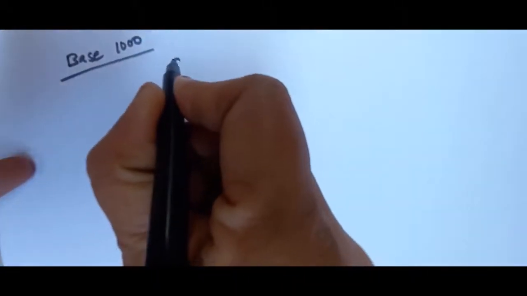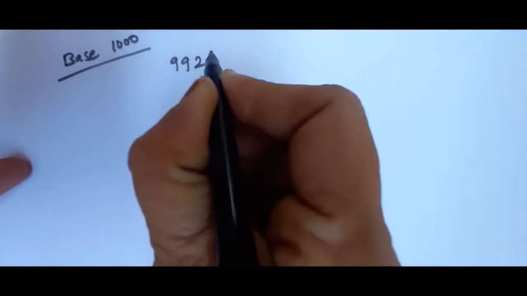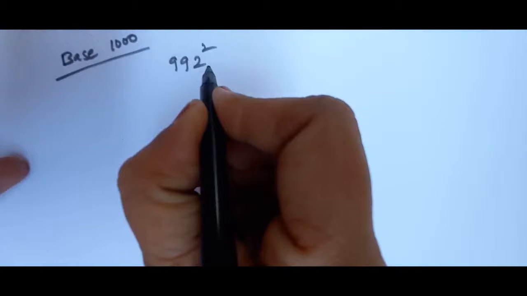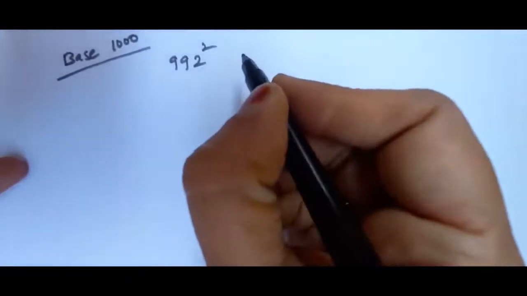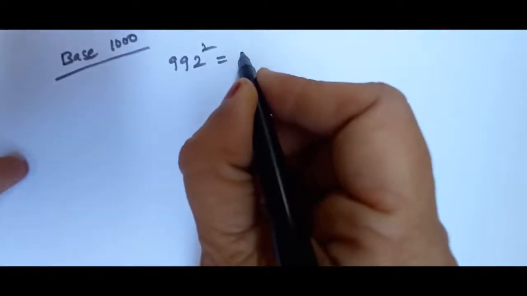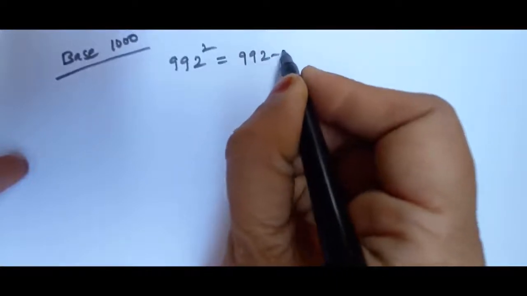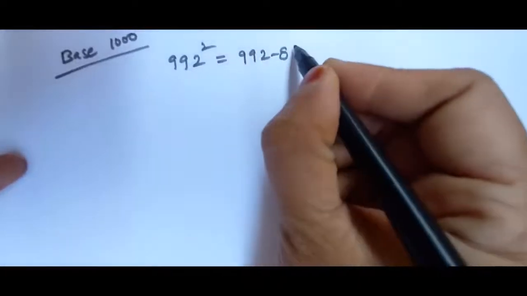Now let's take base 1000. Till now we learned base 100, no? Now base 1000. Let's see one example now. 992 square. This 992 is near 1000. It is how much less? 8 less than 1000. So first step, we subtract 8 from 992.